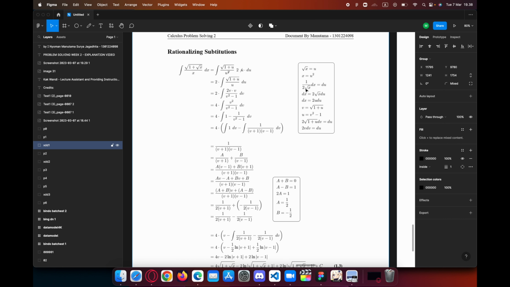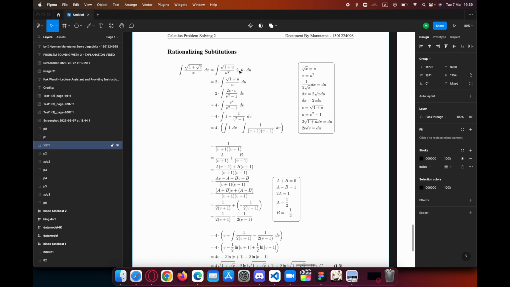Then we simply multiply both sides by 2 square root of x, so this cancels, and dx is equal to 2 square root of x du. We can substitute dx, square root of x with u and x with u squared, and it becomes the integral of square root of 1 plus u over u squared times 2 times u times du.